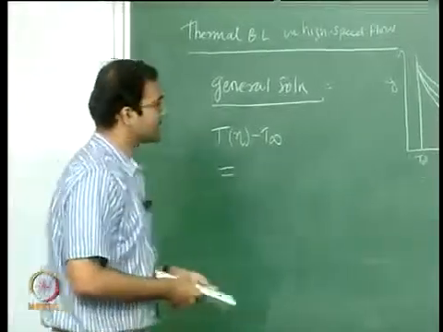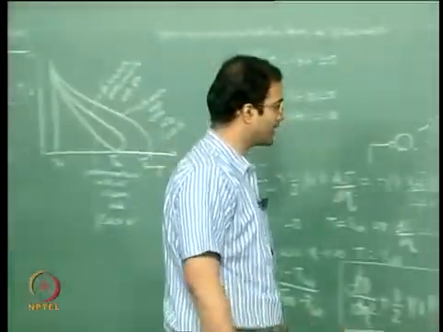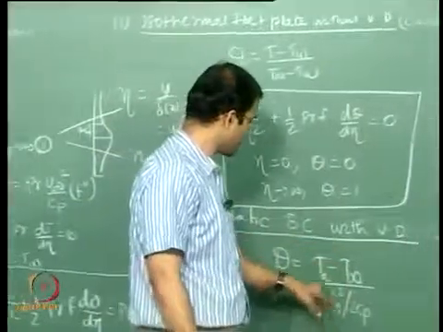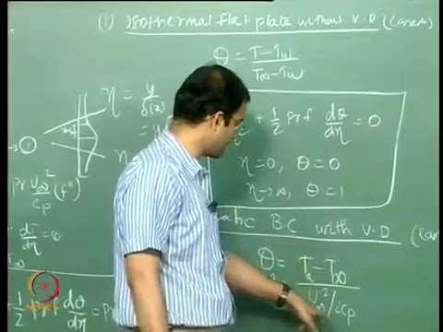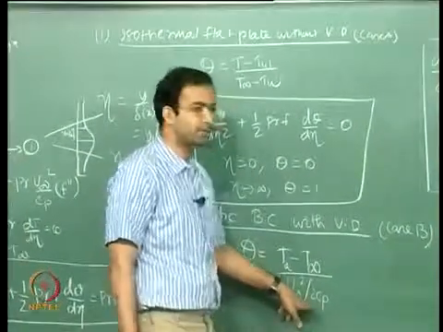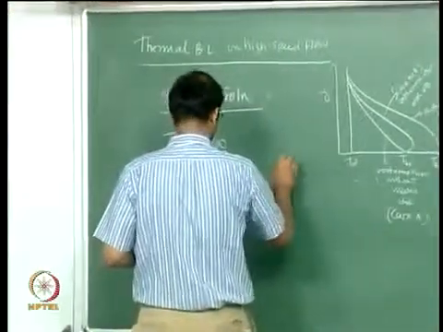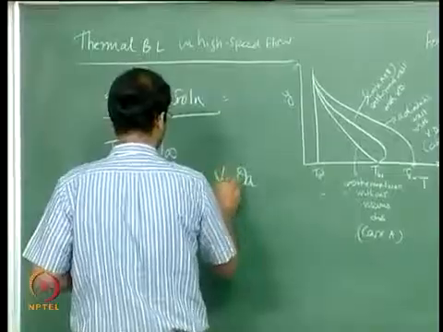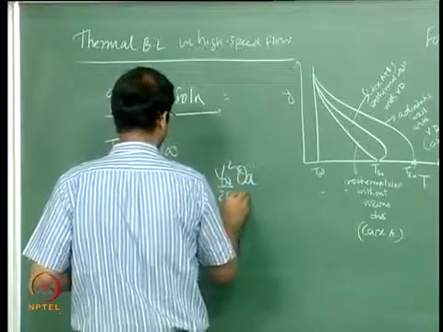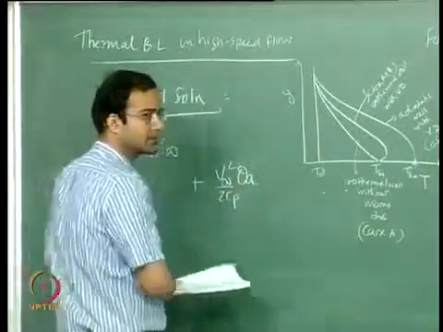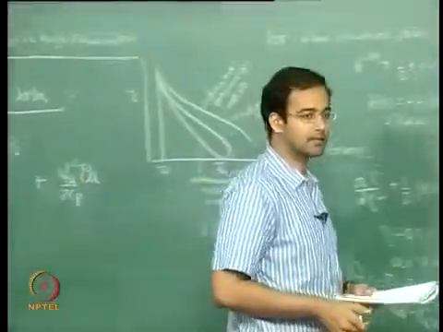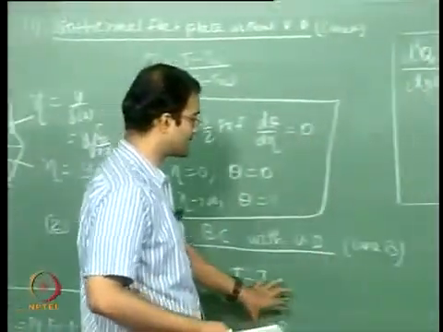So T minus T infinity. Already for case B, T minus T infinity is defined as theta_A into U infinity square by 2 Cp. That is one part of the solution. Now I want to blend these two solutions. There is a linear combination I want to propose. So this is one solution.